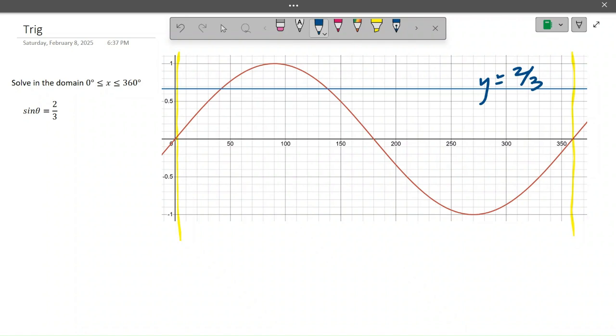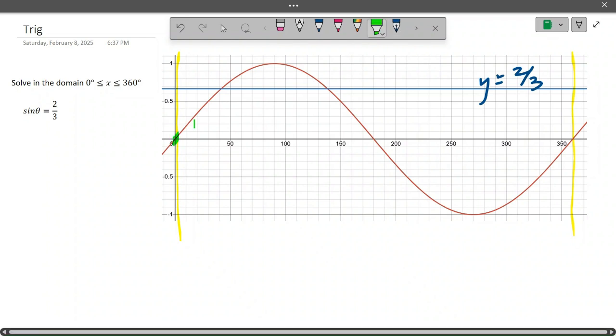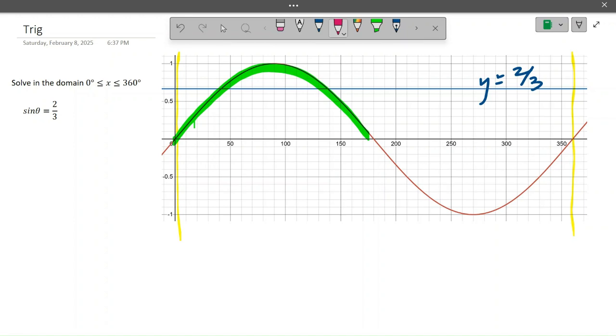So I can see that I only have positive values from 0 degrees to 180 degrees. So that means that our solutions have to be in this area. And more specifically, they have to be the 2 points that intersect with 2/3. So I have one intersection point here and one intersection point here. And that's where we should be finding our solution.